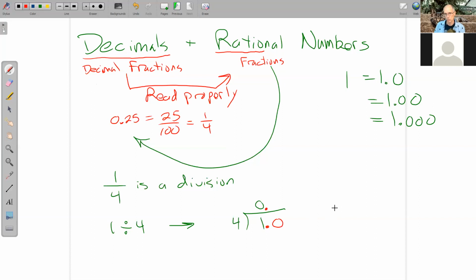Okay. So one key thing we need to know: the decimal in the dividend determines the decimal in the quotient.